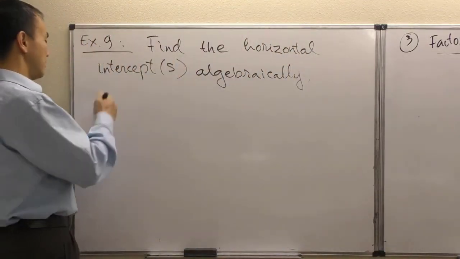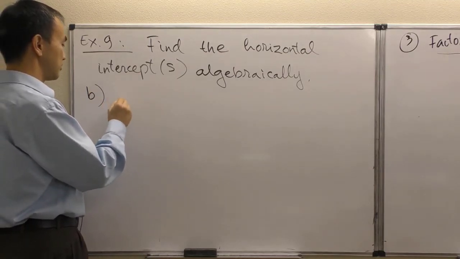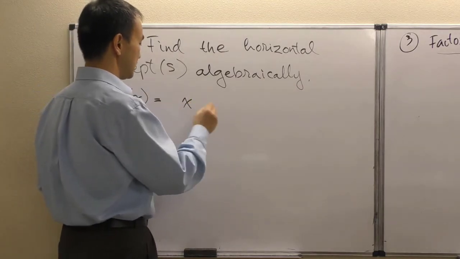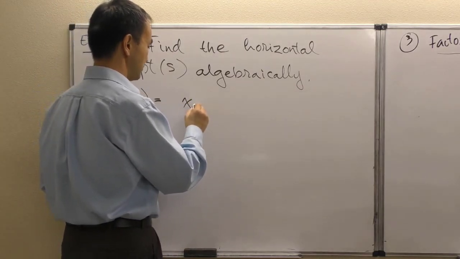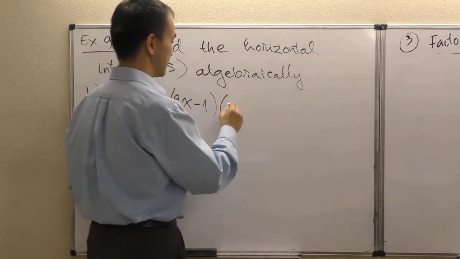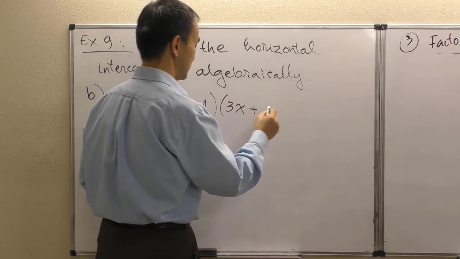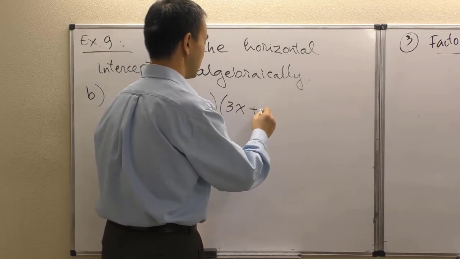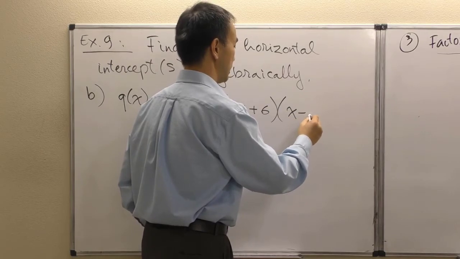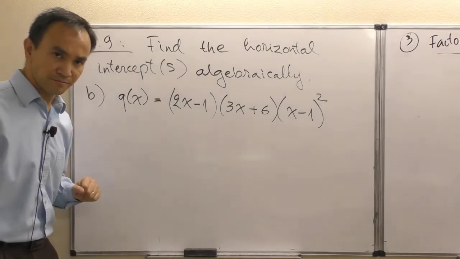All right, so now I'm going to look at part B right here. Let's look at a polynomial. I'm going to call it q of x, equals 2x minus 1, and then 3x plus 6, and then x minus 1 squared.